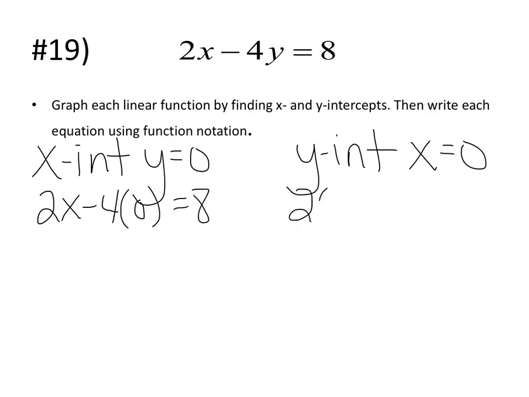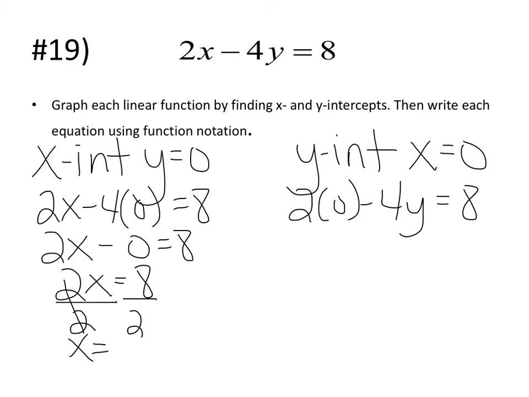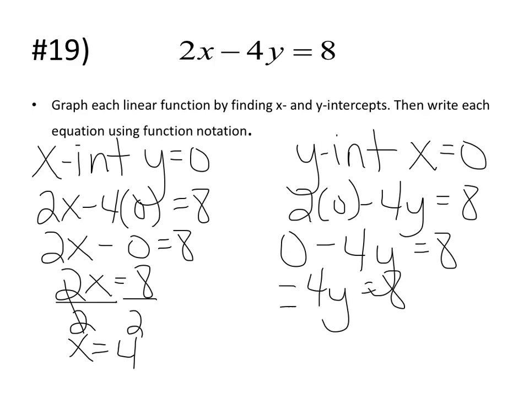And then here we're going to say 2 times 0 minus 4y is equal to 8. So I have 2x minus 0 is equal to 8. 2x equals 8. So x equals 4. Over here we have 0 minus 4y is equal to 8. Negative 4y is equal to 8. Y is equal to negative 2.